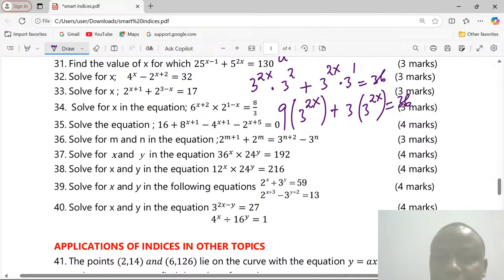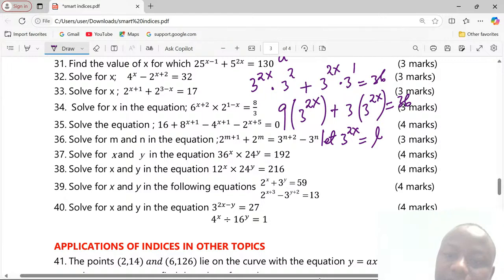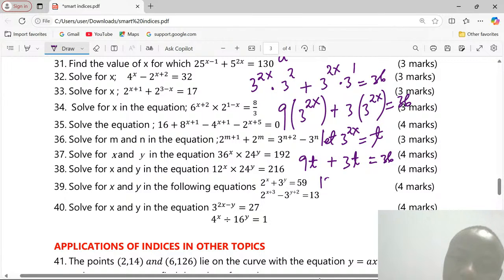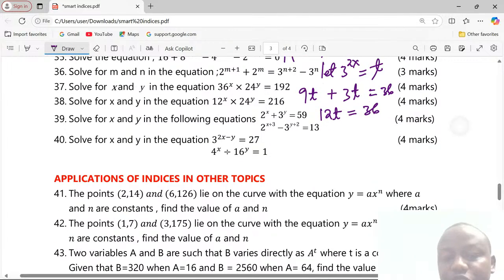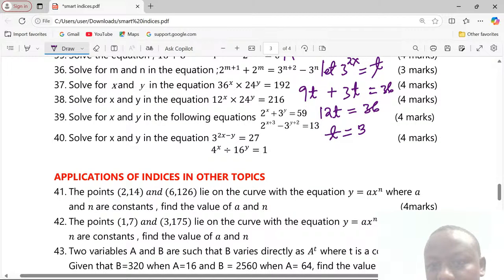Now, 3 power 2x is appearing severally, so we can let 3 power 2x be a certain unknown, say t. So 9t plus 3t equals to 36. So 12t is equivalent to 36. And to remain with t, we have to divide by 12, so that this becomes 3. So the value of t is 3.